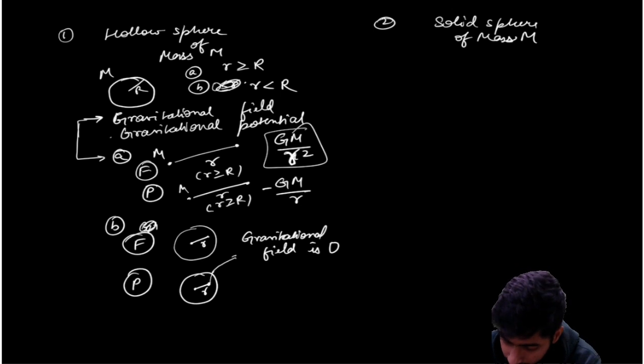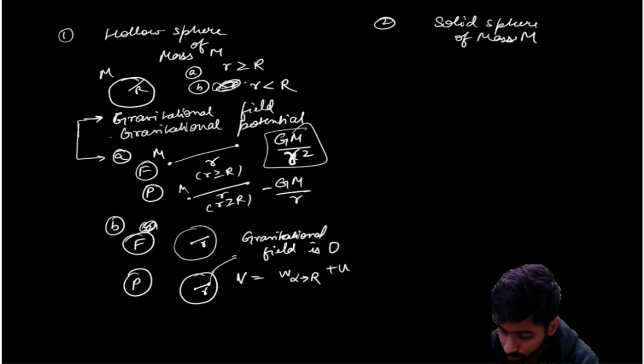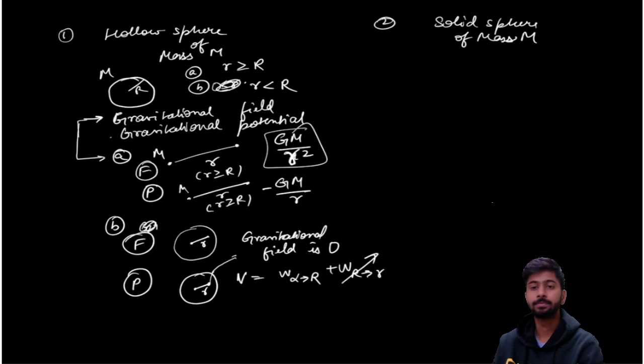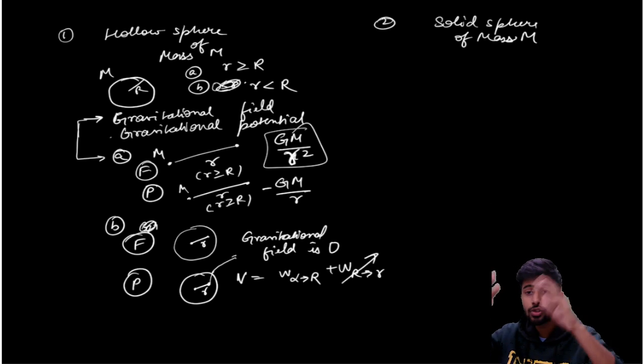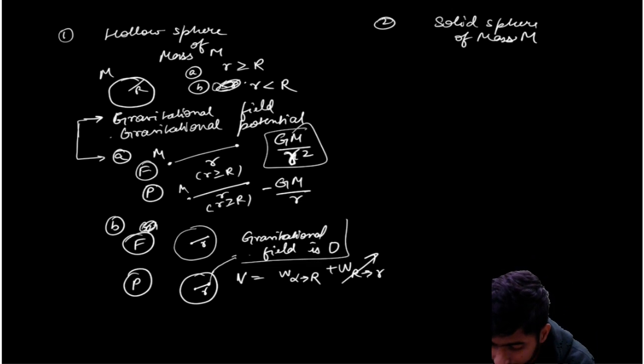So basically, potential will be work done to bring from infinity to capital R, basically the surface, and then work done to bring from capital R to small r. Now notice this term will be 0. Why? Because there is no field inside the sphere.